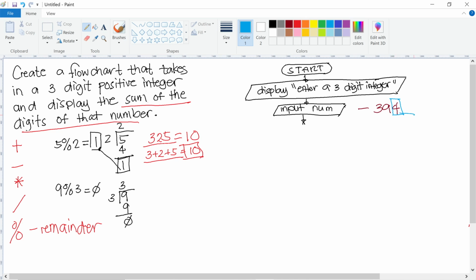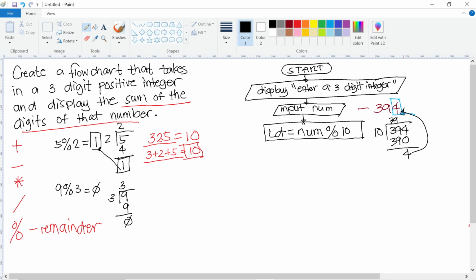We would say last digit is equal to num modulo 10. Why is this the operation that we are going to use? It's because when we have 394 divided by 10, that would give us 39. Multiply it by 10, we are going to get 390. The remainder here is 4. And with that, we already have extracted the last digit.